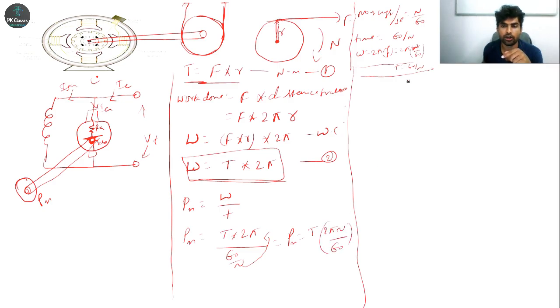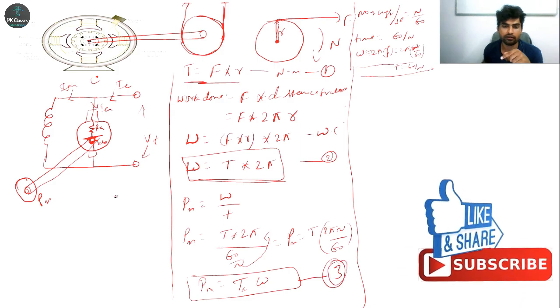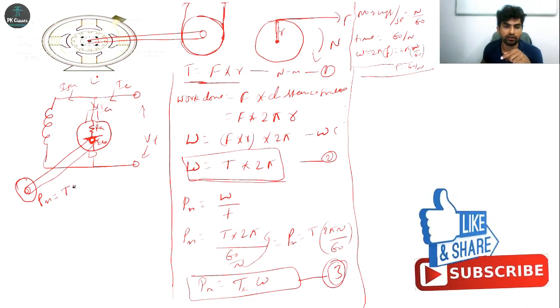What about 2 pi N by 60? It is omega. So the mechanical power developed by the motor is T into omega, shaft torque into omega. Equation number 3 you can write. So we got PM is equal to T into omega.